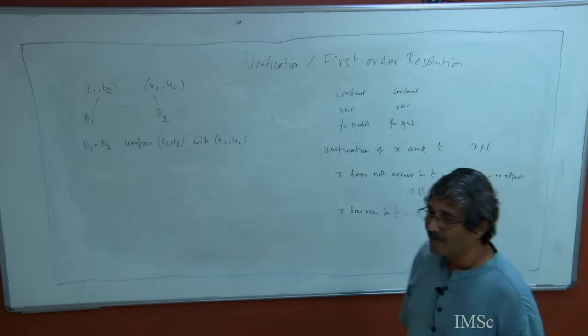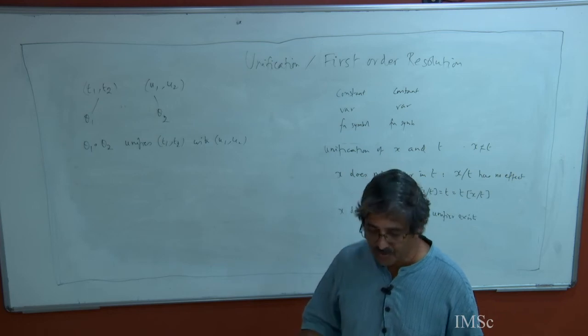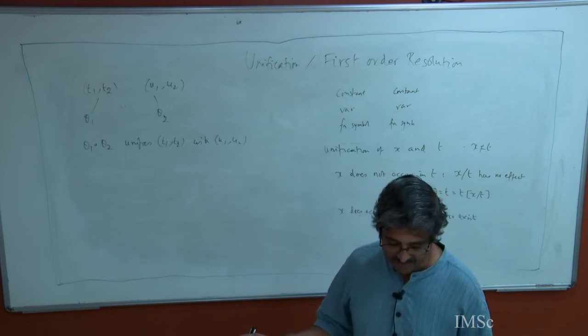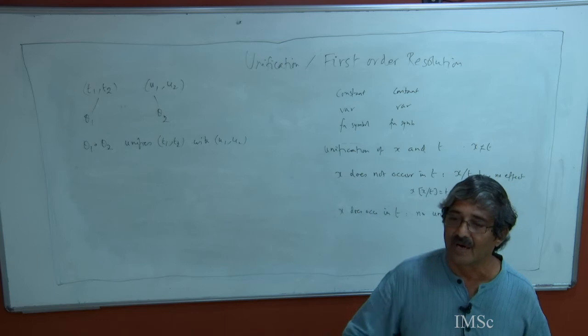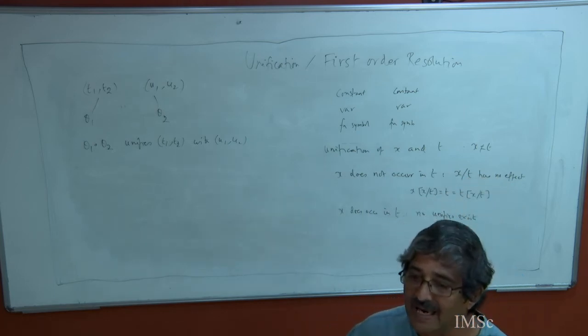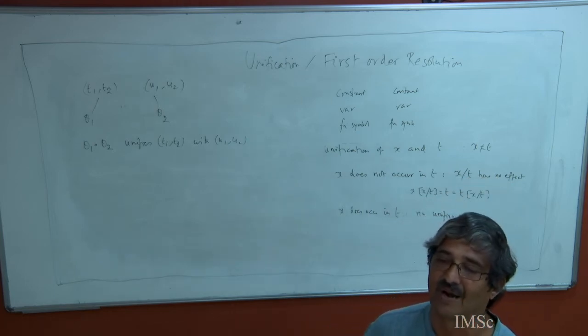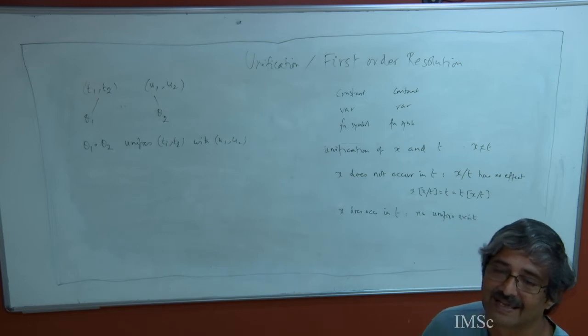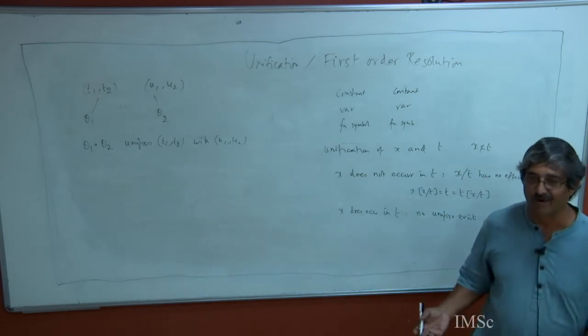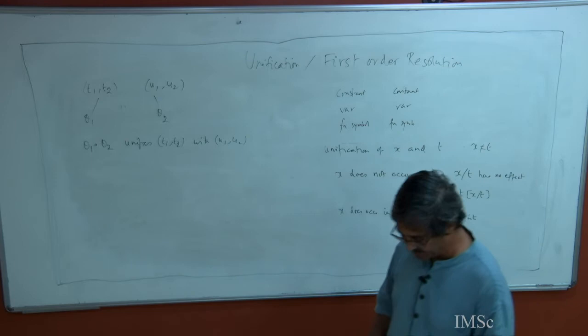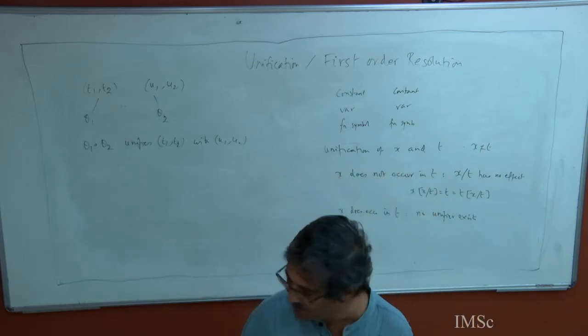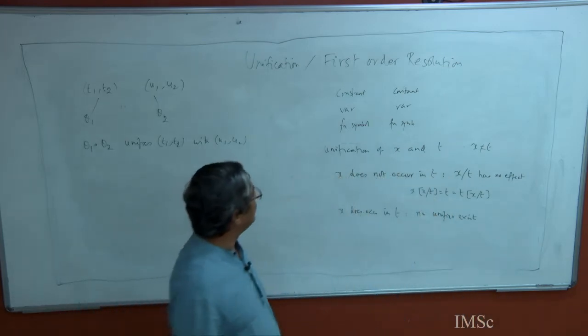Now, usually before you try to unify T1 and T2, you rename variables in one of them so that there is no clash before you start. That's something you can always do, and it's useful. So let me take a few examples and show you; the way it works is fairly clear.